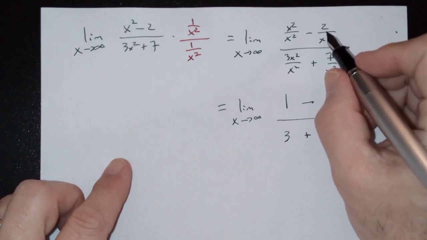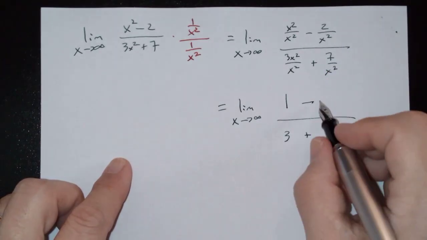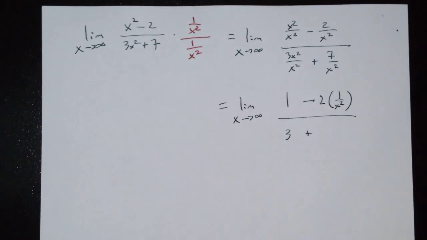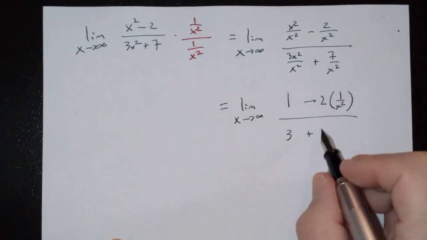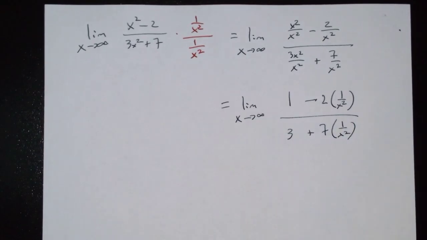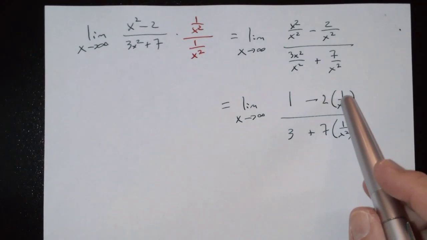This 2 over x squared, I could write that as 2 times 1 over x squared, couldn't I? The 7, same thing down here. 7 times 1 over x squared, right? Now, rules for limits. I'm dividing, right? That means I can take the limit of the top and the limit of the bottom separately from each other. And that means I can think of the limit as only affecting this part.